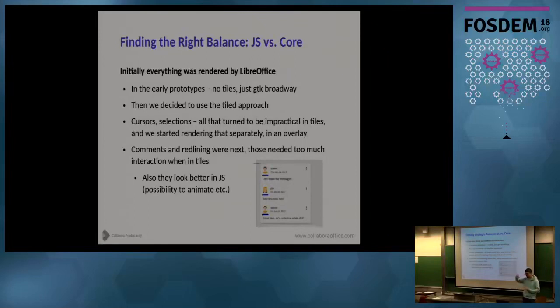But on top of that, we started painting the overlay with the cursor and with the selections, because it was very impractical to send the entire bitmaps when just the cursor moved. So instead, we started sending just the coordinates of the cursor, and rendering that in a layer on top.